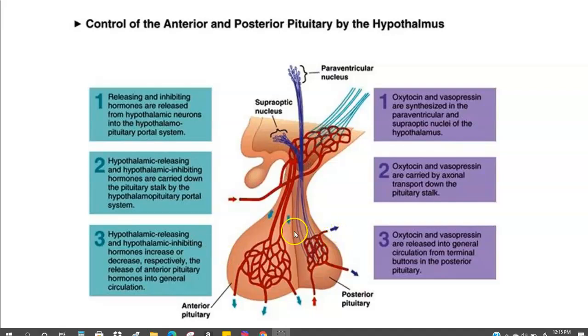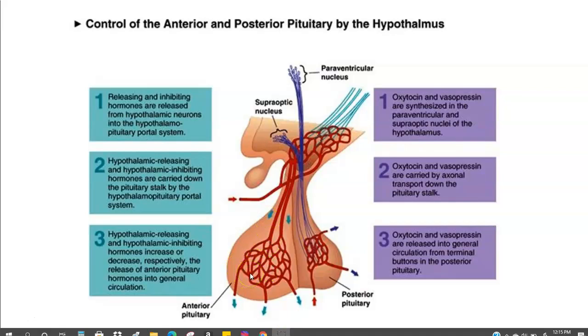So you may hear the pituitary gland referred to as the hypophysis. That is the Latin name for the pituitary gland. So you may hear the hypophyseal portal system, and what that is referring to is this capillary network from the hypothalamus to the hypophysis, or the anterior pituitary.